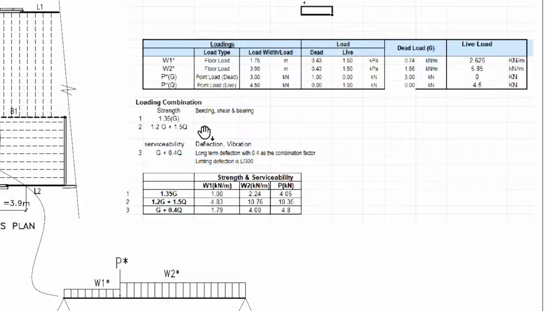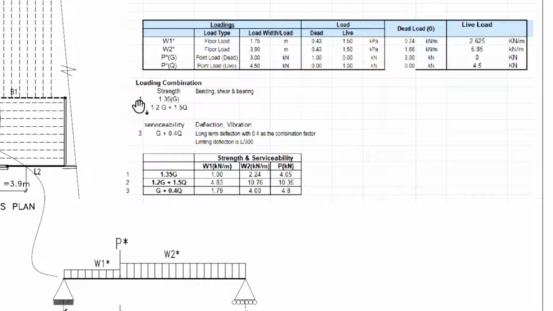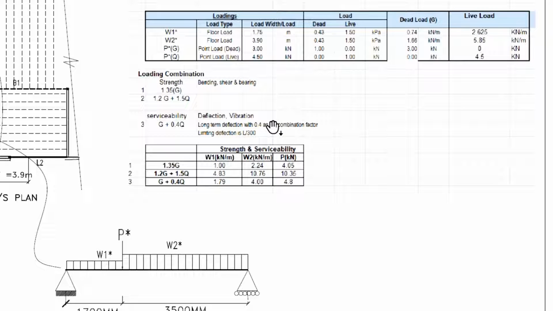Then we need to work out the loading combination for strength and for serviceability. In strength, bending, shear and bearing is what we need to look at, and for serviceability, mainly deflection and sometimes vibration as well.